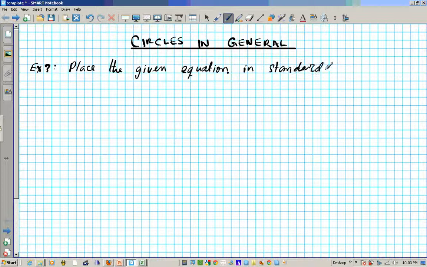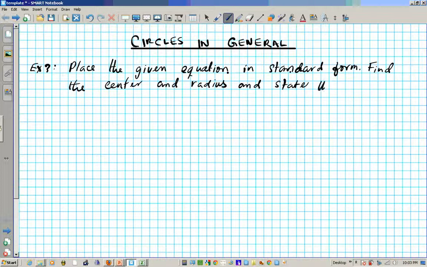And then after doing that, I'd like you to find the center and radius and state the meaning.